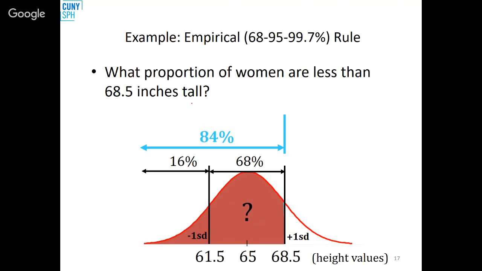If you have a result from the empirical rule, you can use a calculation like this. So say I want the probability of what proportion of women are less than 68.5 inches tall, that means I want the probability from +1 standard deviation all the way down to 0.